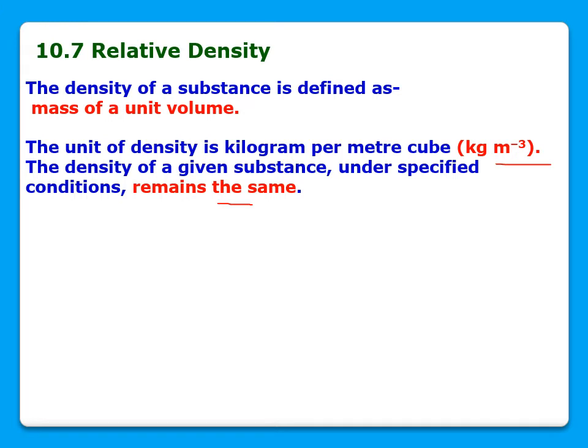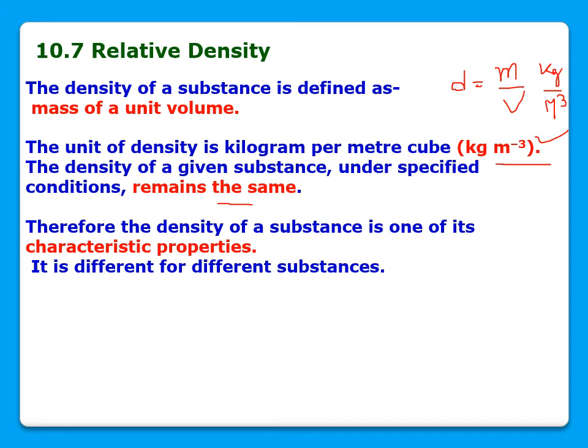So we can write that density, D, is equal to mass upon volume. And from here you can derive the unit also. Unit of mass is kg and unit of volume is meter cube. So kg upon meter cube, kg m^-3.